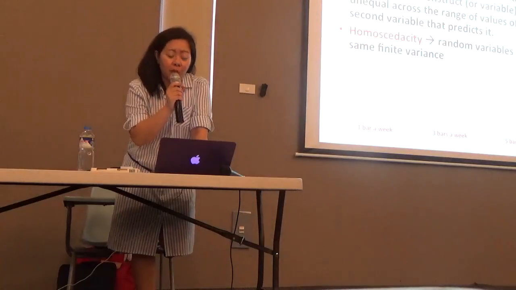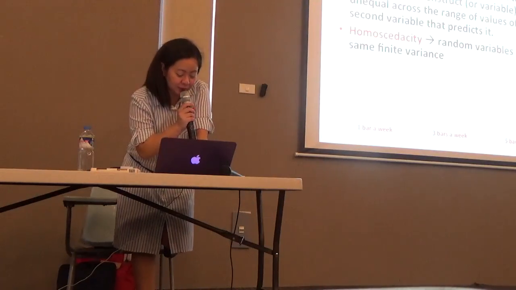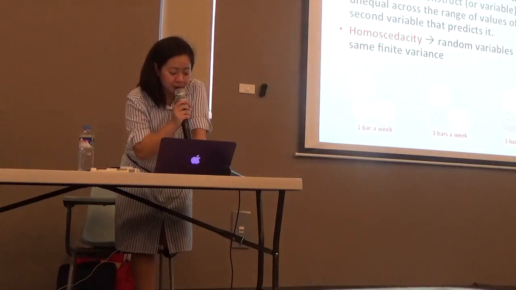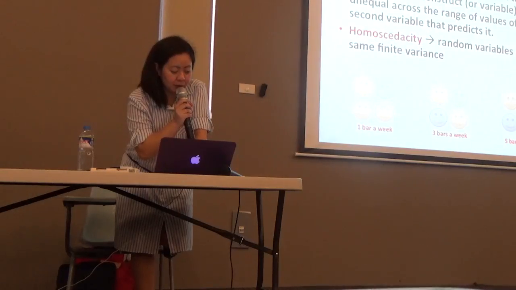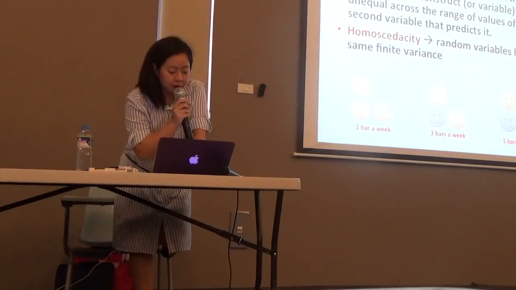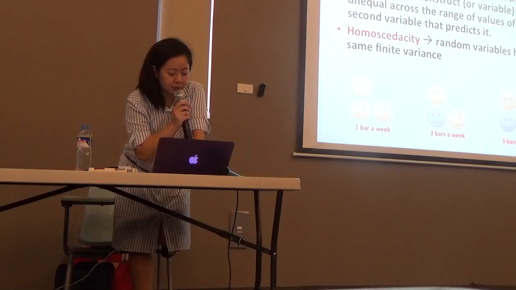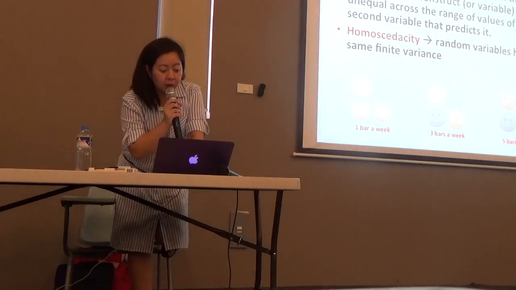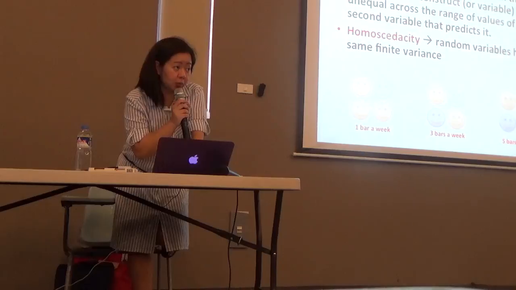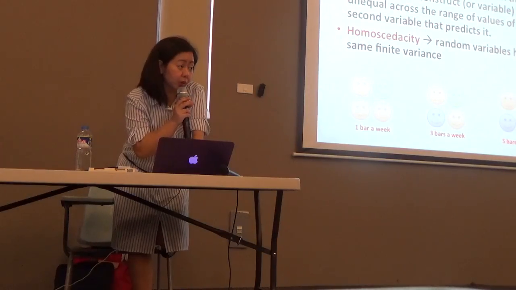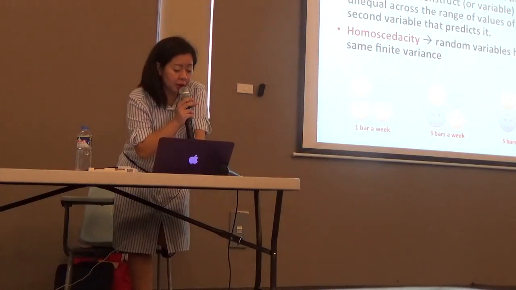Boy, ordinal. Kung equal amounts lang, it could be interval. But it only estimates more or less, and it doesn't really say that the intervals are equal. So it's ordinal.